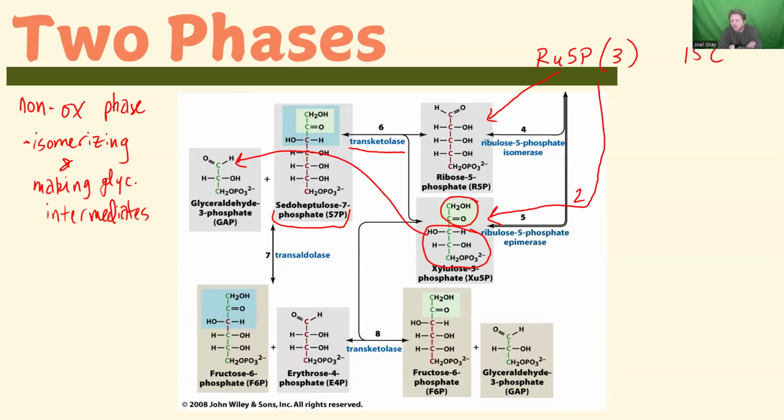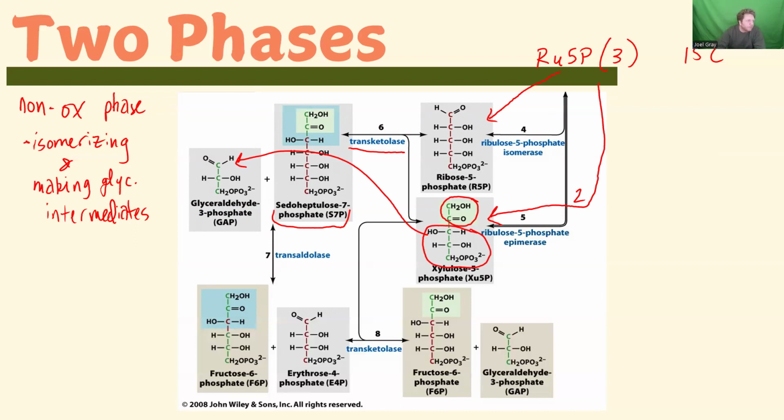We saw it as one of the products of the aldolase mechanism of glycolysis, where we make glyceraldehyde 3-phosphate and dihydroxyacetone phosphate. Those two compounds generated by aldolase are glycolysis intermediates.